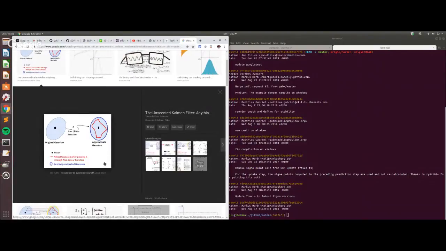Okay, so the idea is that you're still assuming an underlying Gaussian distribution for the noise, but what you end up doing is you sample along the principal axes of your covariance ellipse. So in the sense of a normal Kalman filter, you're still computing a mean, the center of your probability density.